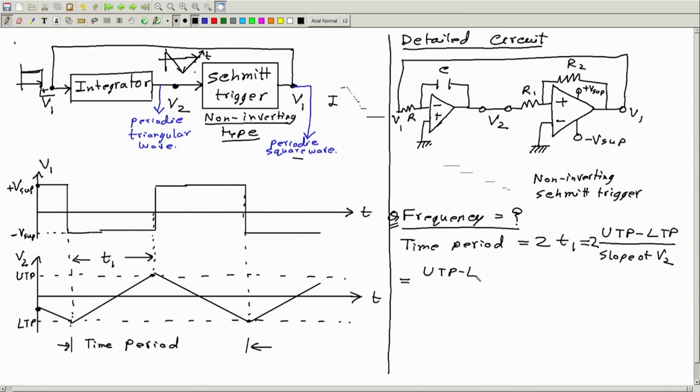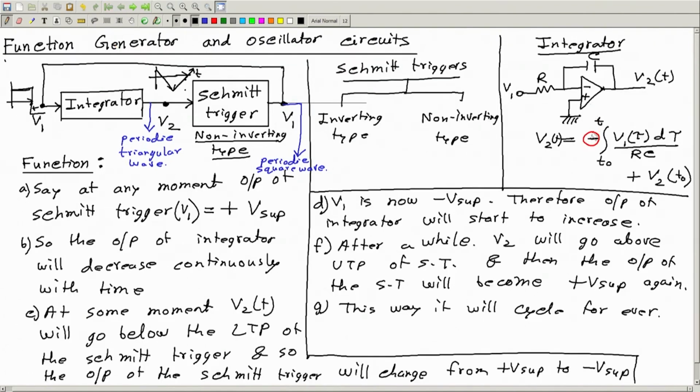UTP minus LTP is also the same as the hysteresis band of the Schmitt trigger, so 2 times that divided by the slope of V2. Now how much is this slope of this integrator? If you go back, you can see this is the equation by which V2 changes. The rate of change of V2 is just V1 by RC.